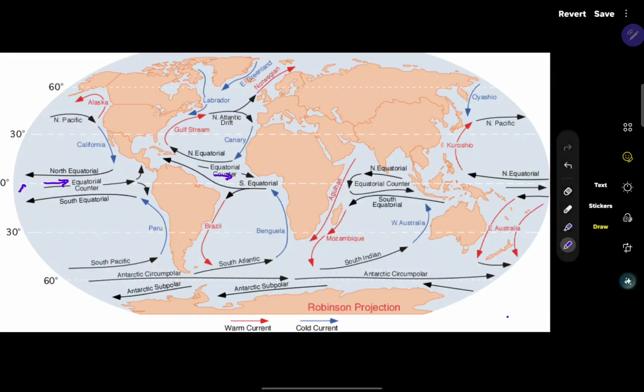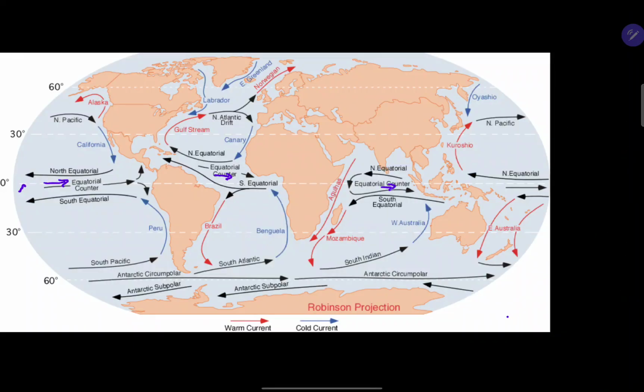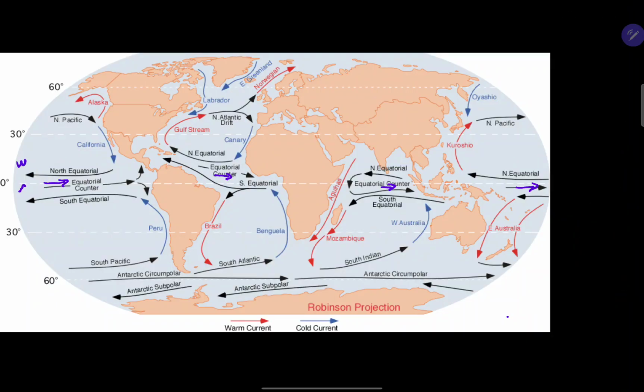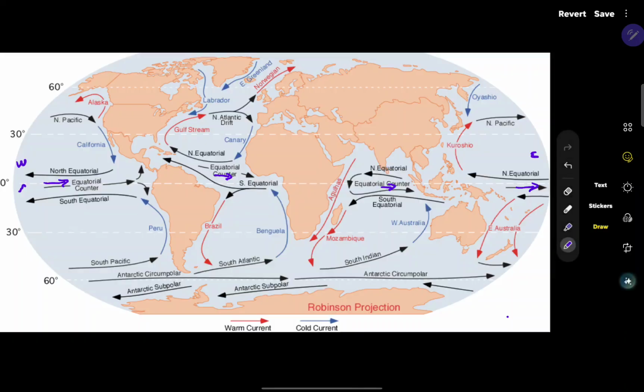This is also equatorial counter current. So your equatorial counter current will go from west to east. So this is my west, this is my east, this is my north, this is my south.